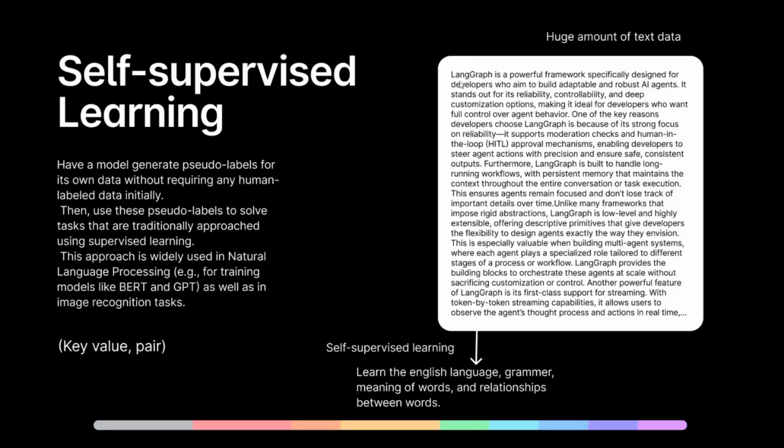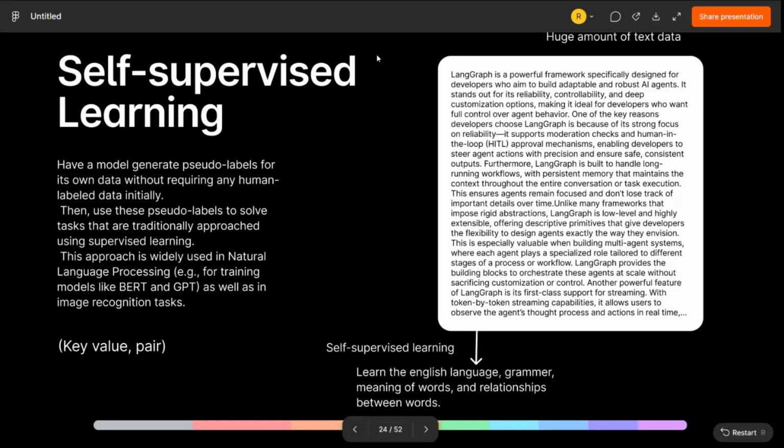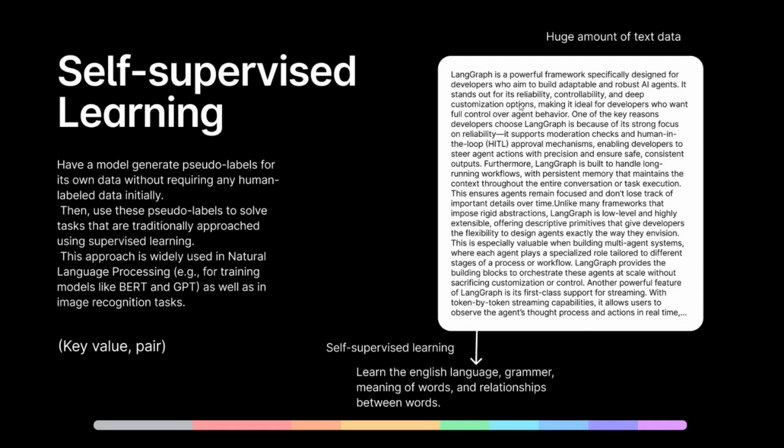So we use this textual data to convert it into tabular data, or an input output stream or key value pair. That's why we say that whenever a model learns from itself, it is self supervised learning. Understood or not?